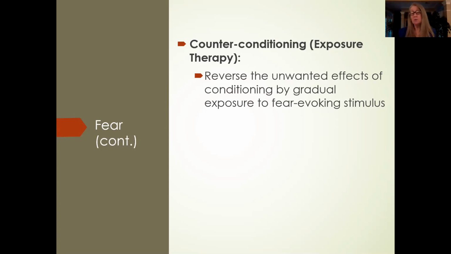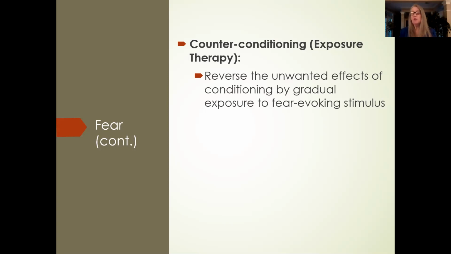Now, for ethical reasons, we're not going to do that. But how can we use classical conditioning to get rid of these phobias? Well, Watson did some research to look into this, and it's called counter conditioning or exposure therapy.